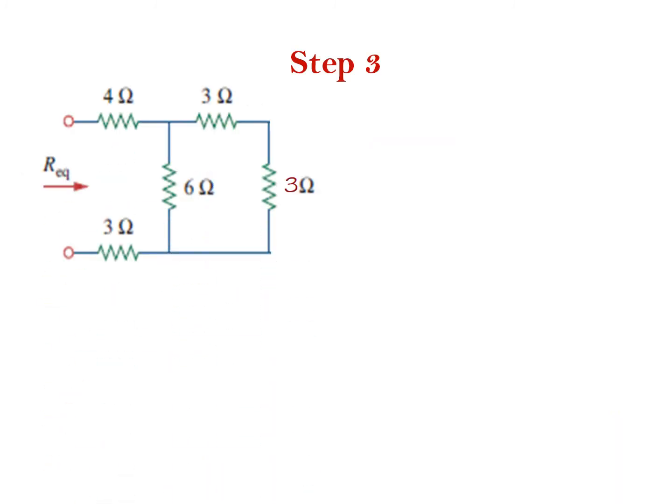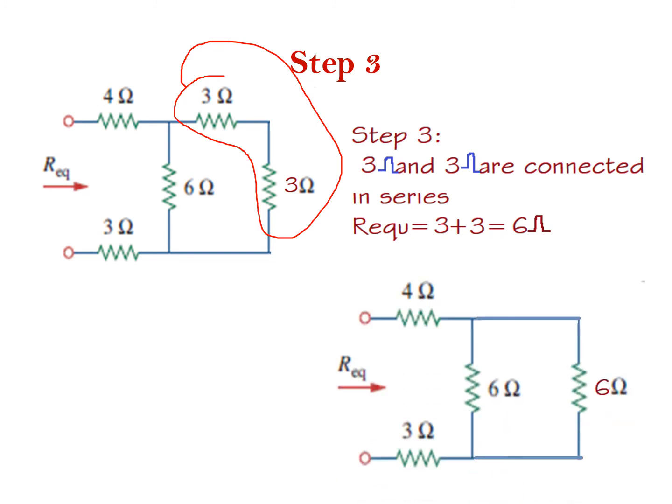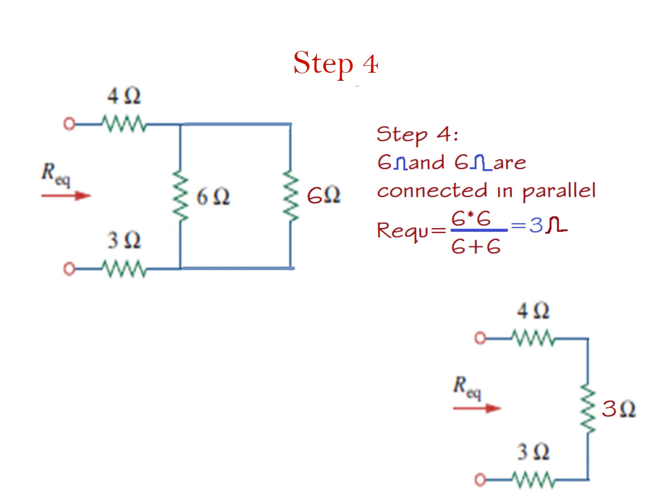Next, in the circuit, both the 3 ohm resistances are connected in series. What is the net resistance? 6 ohm. And see, this is the final diagram. And next, step number 4: both the resistors are connected in parallel. So 6 into 6 divided by 6 plus 6, that is 3 ohm.